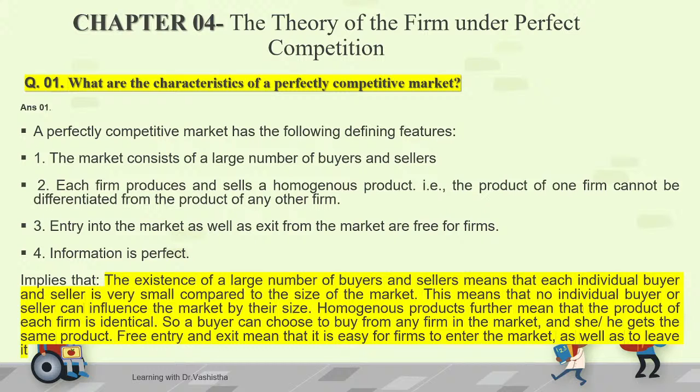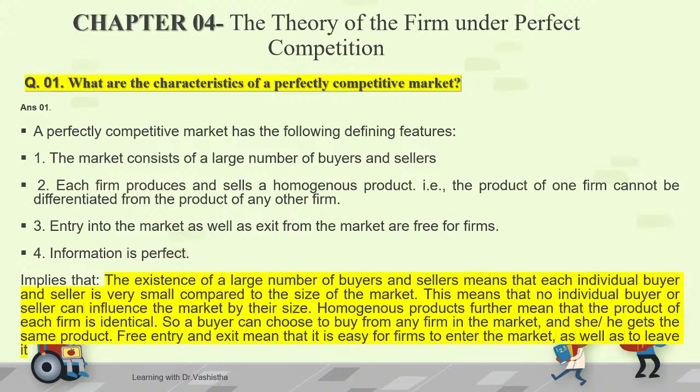So what are the characteristics? A perfectly competitive market has a few main characteristics which are listed here. It consists of a large number of buyers and sellers. Each firm produces and sells a homogeneous product, meaning the product of one firm cannot be differentiated from the product of any other firm.